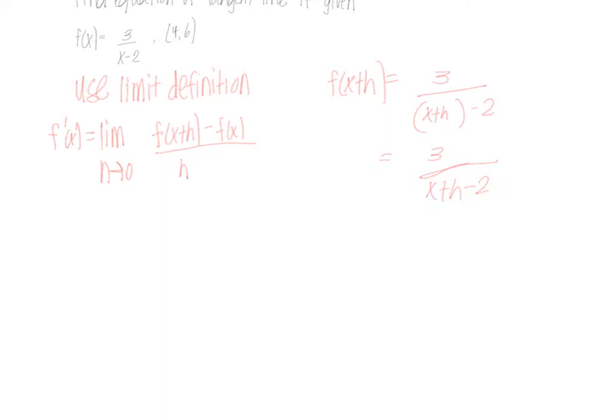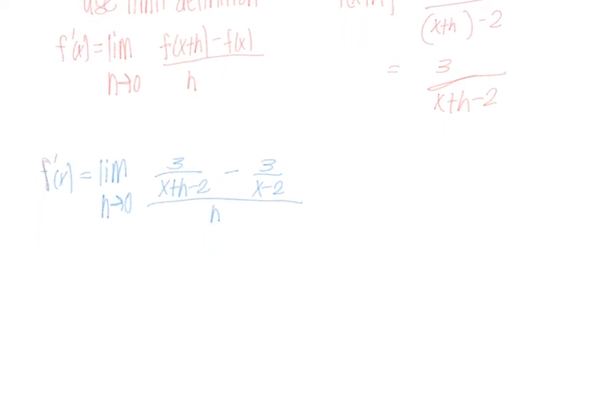So the derivative, we will say, will equal the limit as h approaches 0 of 3 over x plus h minus 2, minus 3 over x minus 2, all over h.